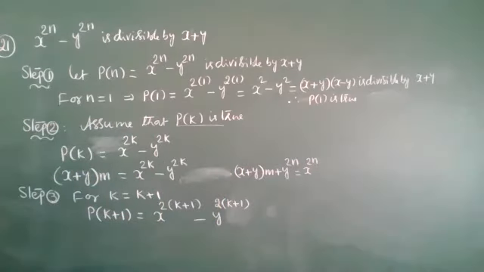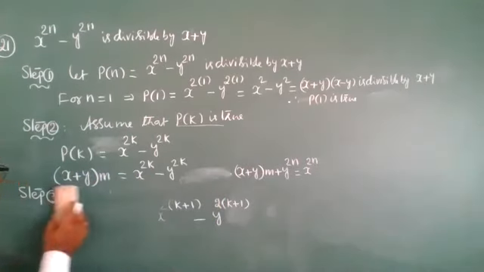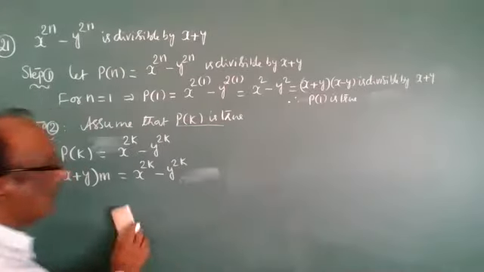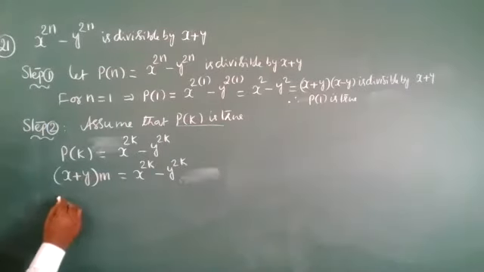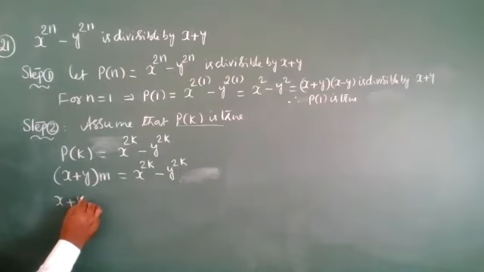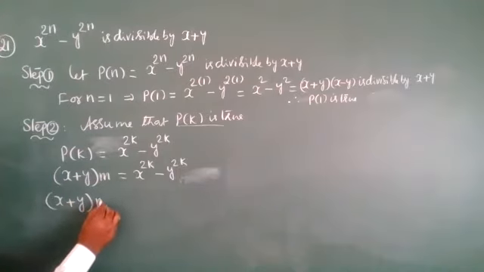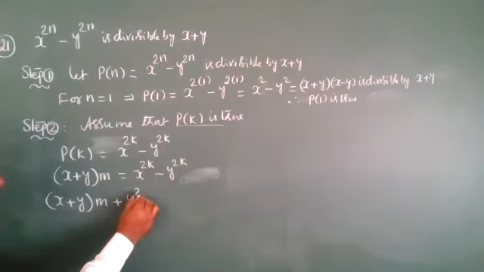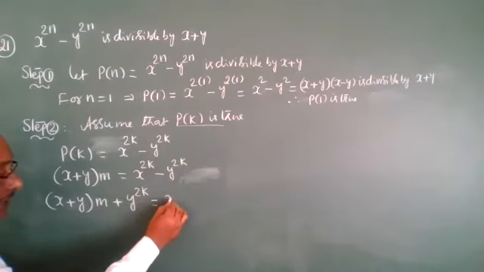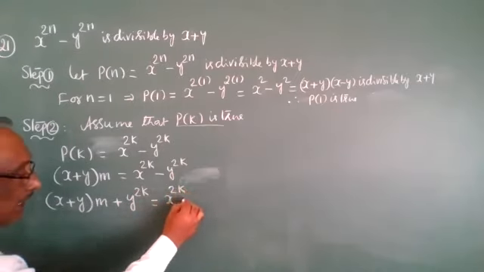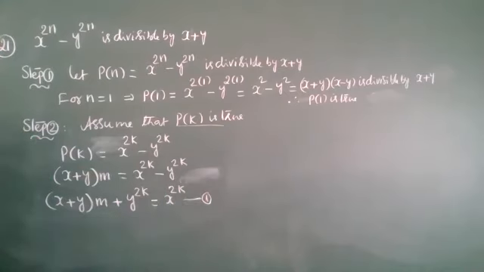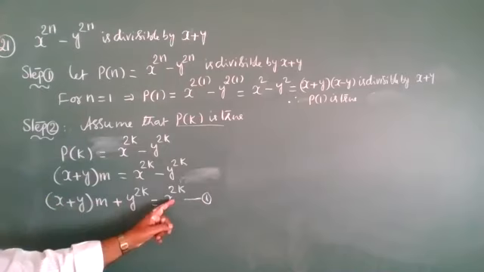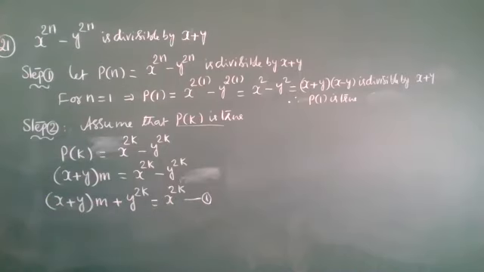So I am writing x plus y into m, and the second term, bring negative y to the right hand side, is equal to x power of 2k. Let it be equation number 1. Now it is clear. Already equation 1 is the value of x power of 2k.